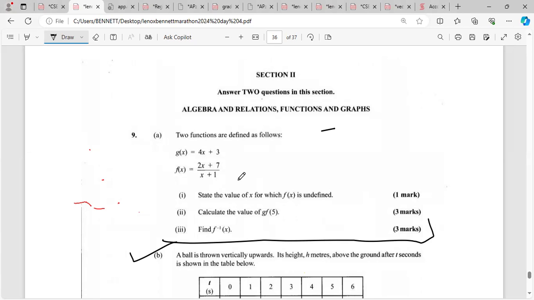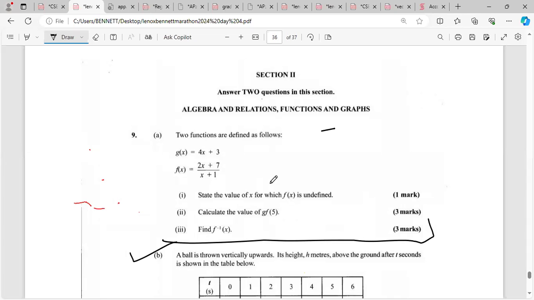I think they asked us to find the inverse of f, but they found it for g. So that kind of messed up. They found the inverse for the wrong function.